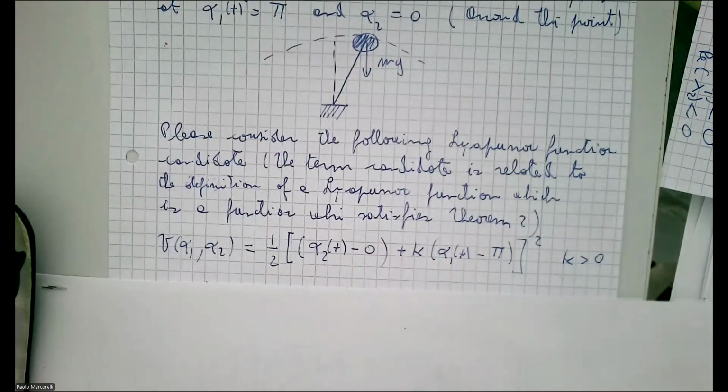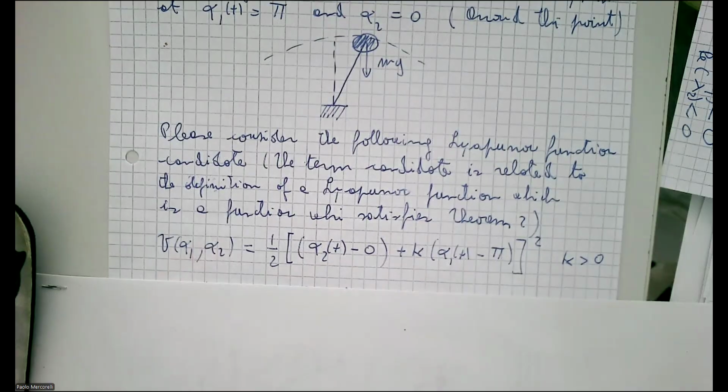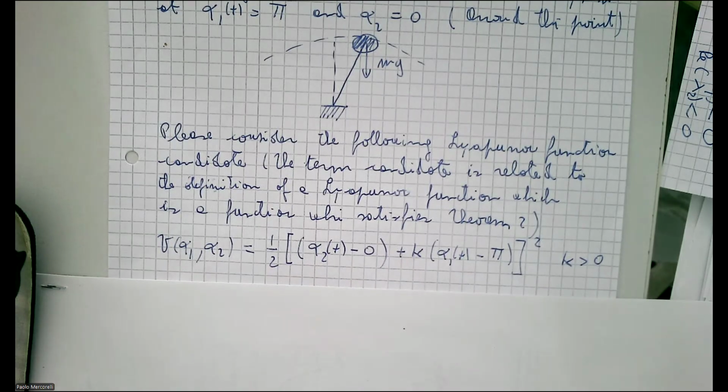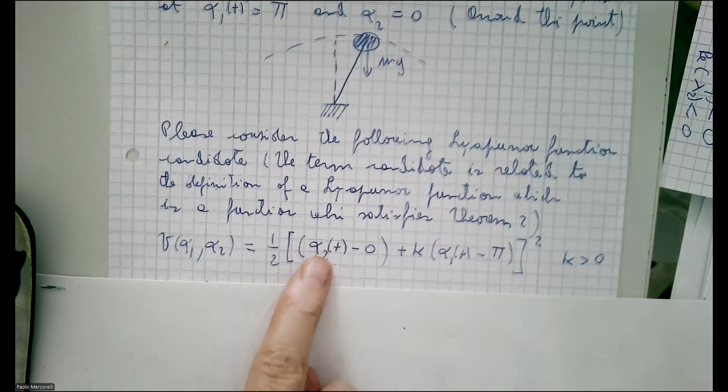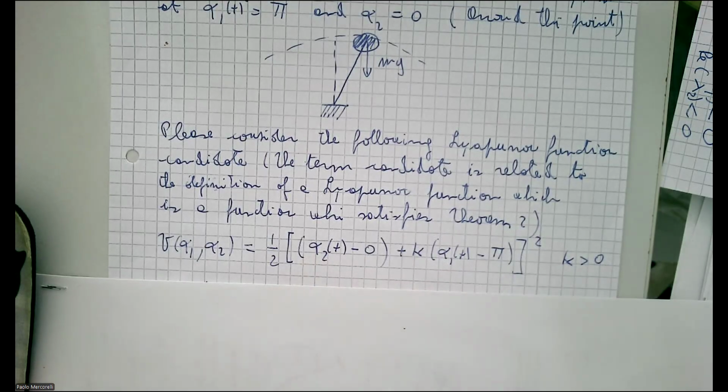Candidate means whether this function can satisfy all our criteria. Do you remember? Criterion 1 is the positiveness of this function. We have it, together with the equilibrium point 0, alpha 2 0, alpha 1 pi. And the second condition: the derivative around the equilibrium point must be negative.